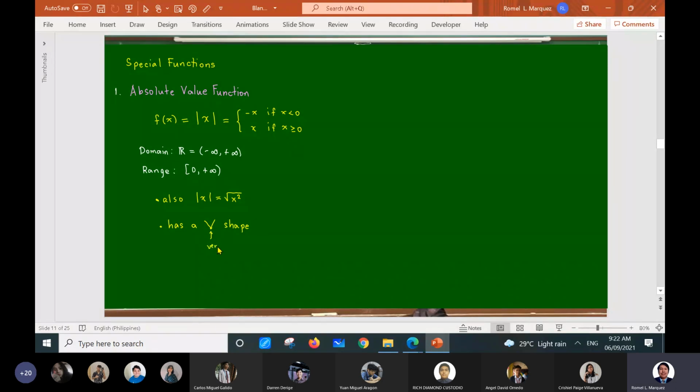If this is the case, there is a minimum at the vertex, no? The minimum value of the absolute value function f is at the vertex. Okay, guys?